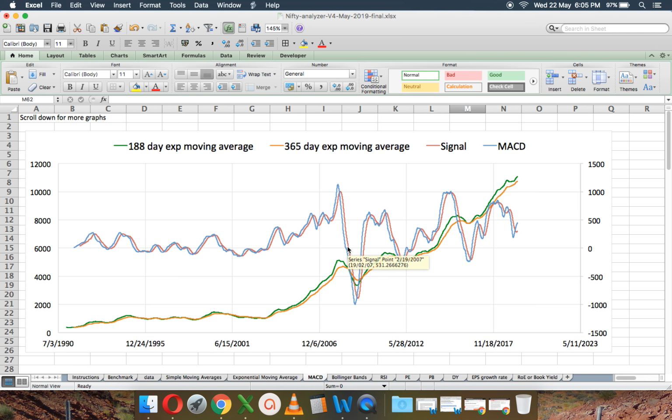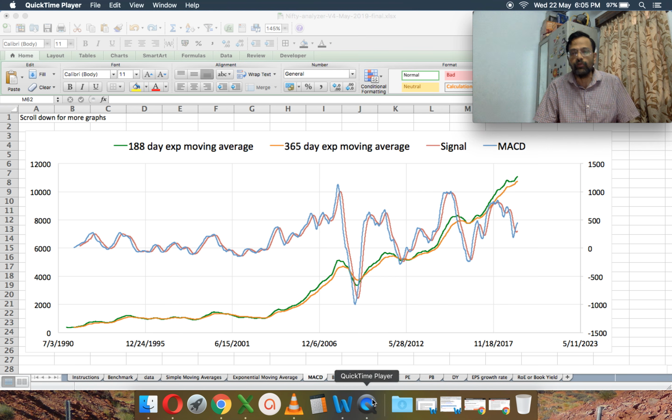They take the difference between the two exponential moving averages, and they take the moving average of the difference itself. So the average of this difference is called the signal. The period of that moving average is 136 that I showed you earlier.